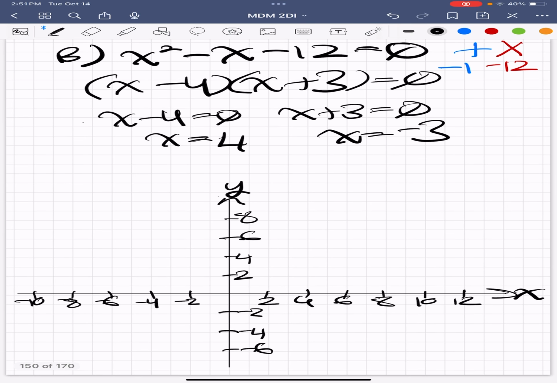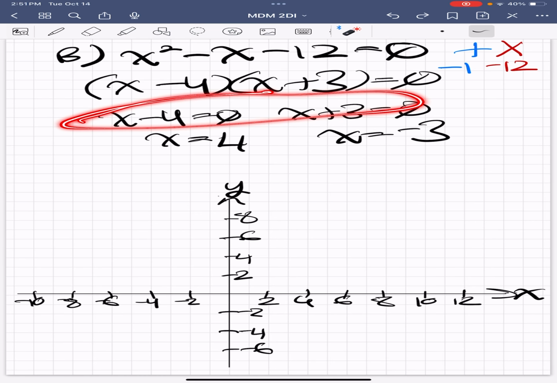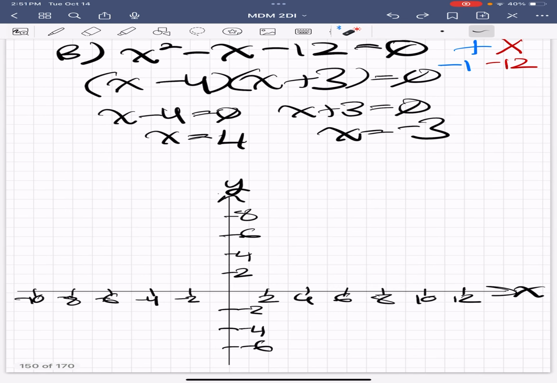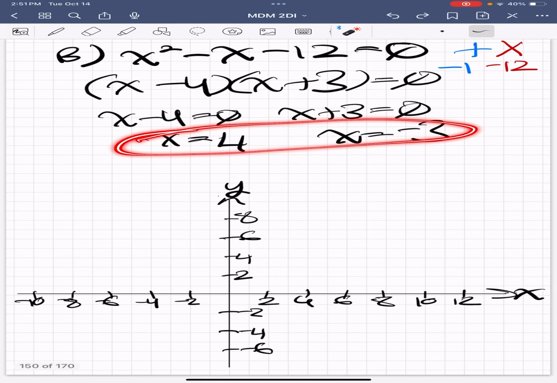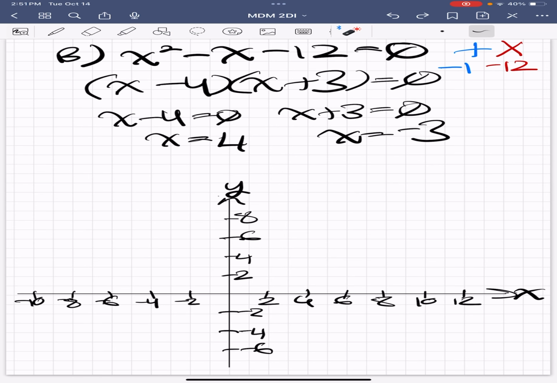And then we set the pieces equal to 0. And then we have our isolated x-intercepts. So we have what x equals for both. And then we need to graph it as well. So 4 and negative 3.